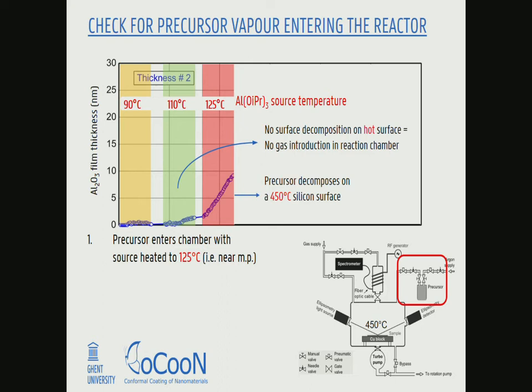So you can see here, this is the amount of material that's deposited. This is not ALD, this is just thermal decomposition, CVD, if you want to claim it that way. When your bubbler is at 90 degrees Celsius, nothing is happening. So in other words, at 90 degrees Celsius, there's not enough vapor reaching your substrate. You increase it to 110, then something starts to happen. If you increase your bubbler temperature to 125, then you start to see very clear decomposition.